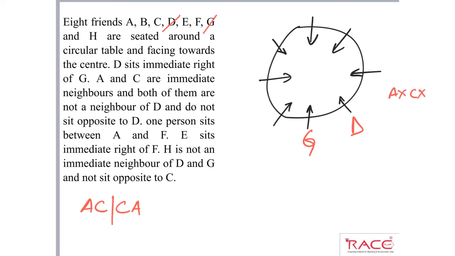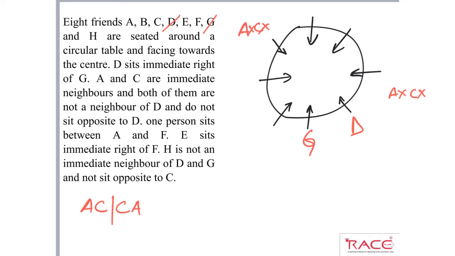And they have also mentioned they do not sit opposite of D. So this position is opposite of D and both of them are not sitting here as well. So I will mark it like this: A and C are not neighbors of D and A and C are not in front of D. So we are done till this point.